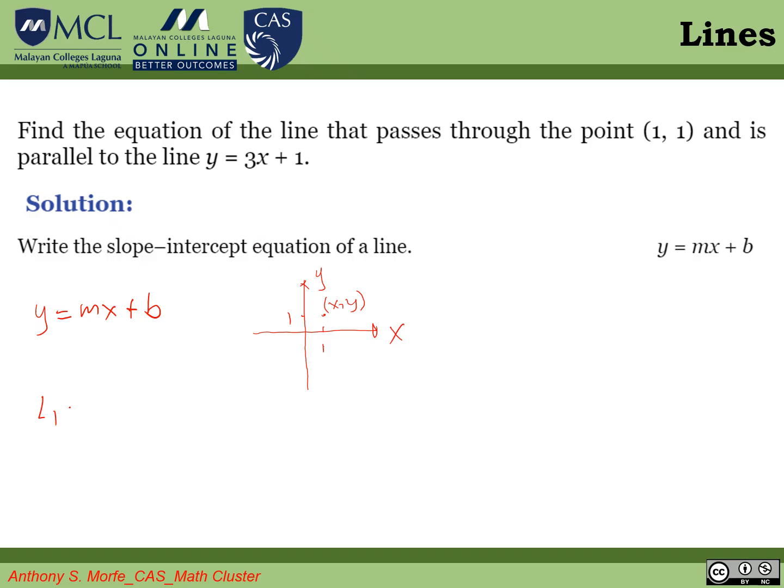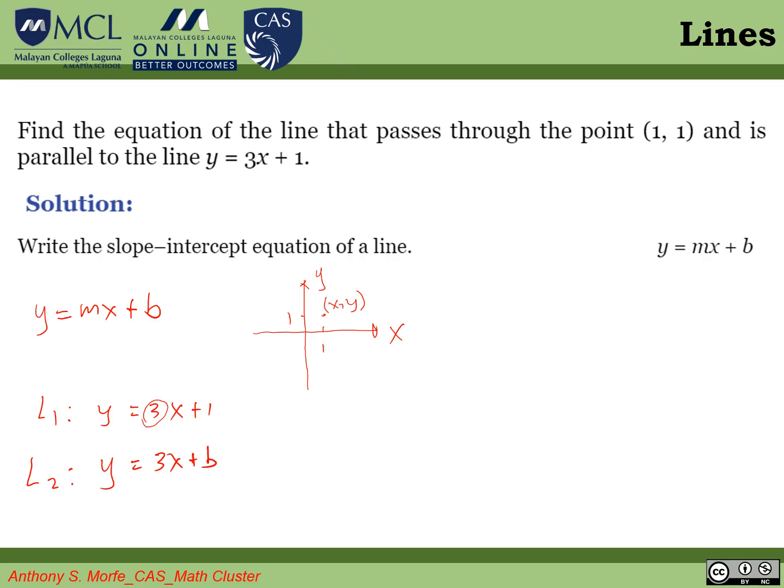You can consider that line 1 as y equals 3x plus 1. Line 2 must be y equals 3x plus b. Why? Because they are parallel. So if they are parallel, their slope must be the same. The slope of L1 is 3, then we can also say that the slope of line 2 is 3. They must be equal because they are parallel.